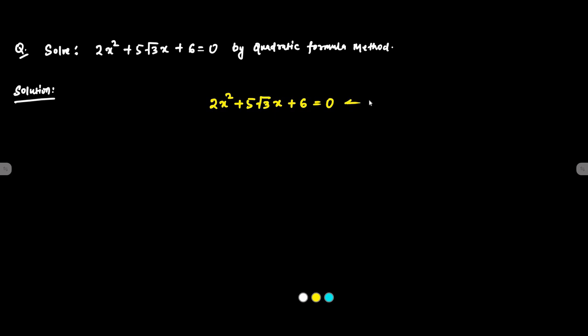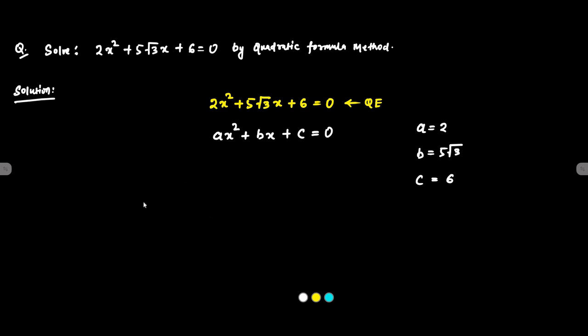This is the given quadratic equation. On comparing it with the standard format of quadratic equation, ax square plus bx plus c is equal to 0, we have a is equal to 2, b is equal to 5 root 3 and c is equal to 6.